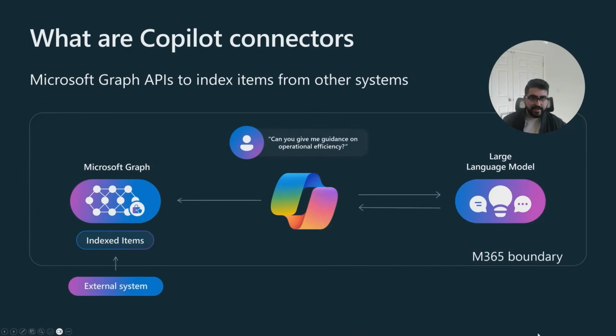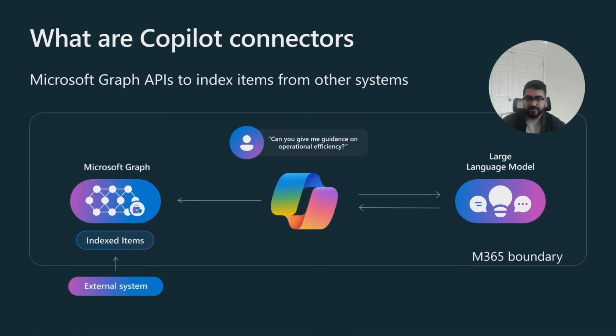So what are Copilot connectors? We've been talking about this for some time now. And these are essentially using the Microsoft Graph APIs to index data from other systems. So you have your line of business API, you have your file system.